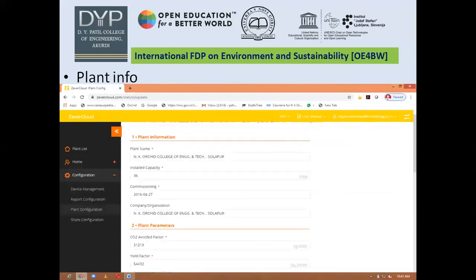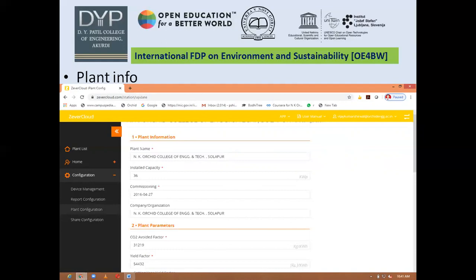Now here the plant details are given for the same solar power plant that we have installed. So the plant name, you can see, NK Orchid College of Engineering and Technology, Solapur. Installed capacity is 36 kilowatt. Daily we are expecting around 180 units of electricity to be produced, and we have connected this particular plant to a central grid on a net metering system.